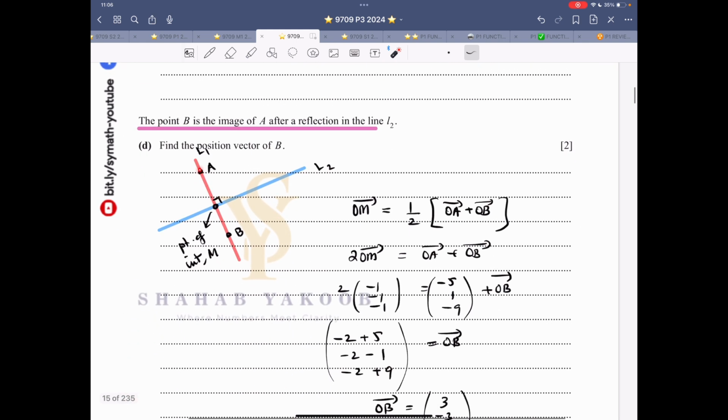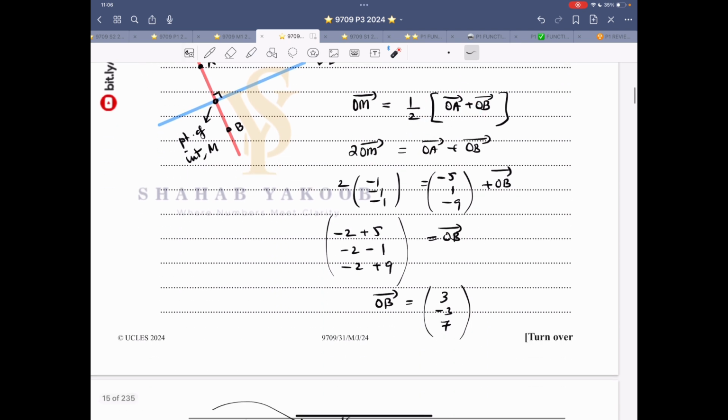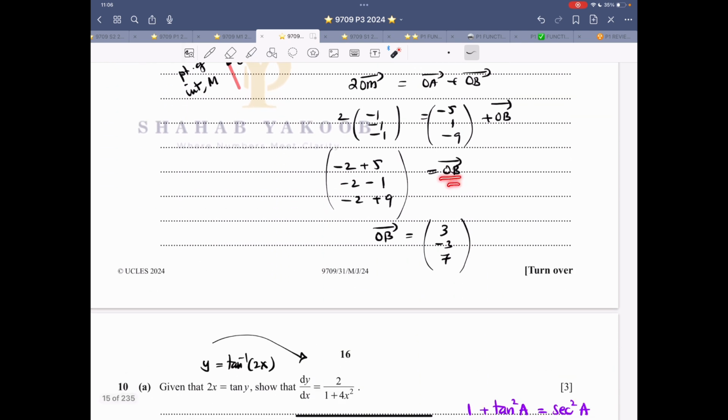We want the reflection of A in this line. That is simple working of midpoint. That means the midpoint of A and B should be M. So M, position vector OM, is half of OA plus OB, the average. Apply this, we find OB as 3, -3, and 7.